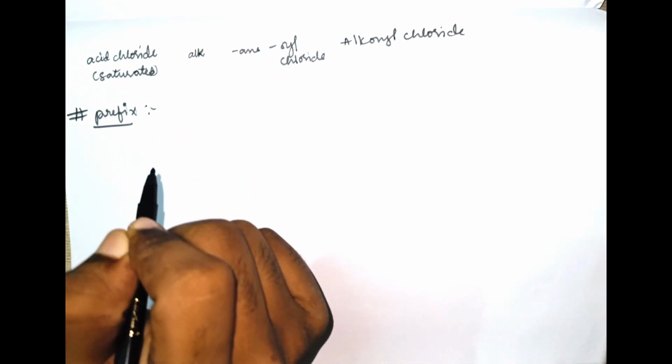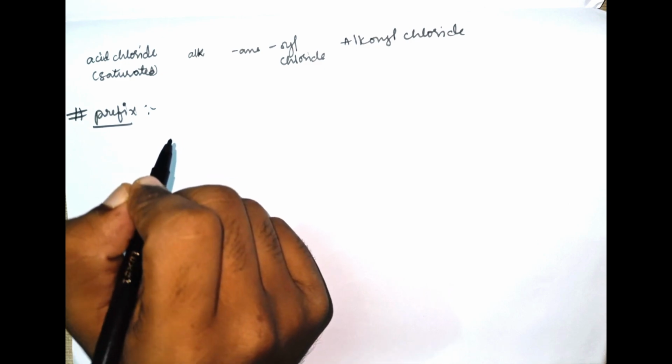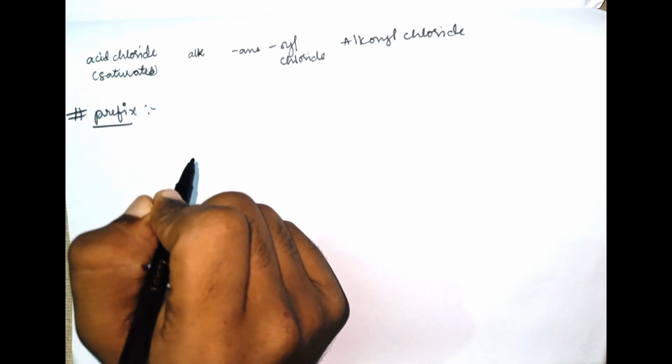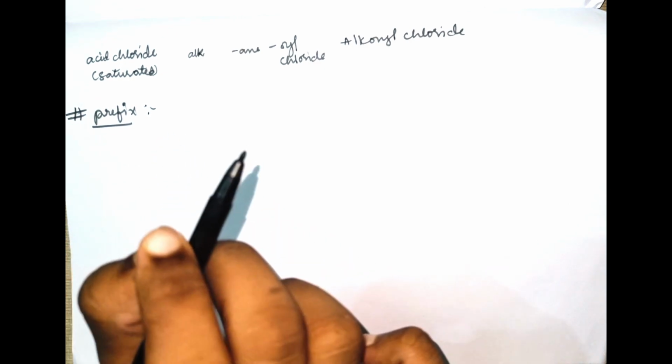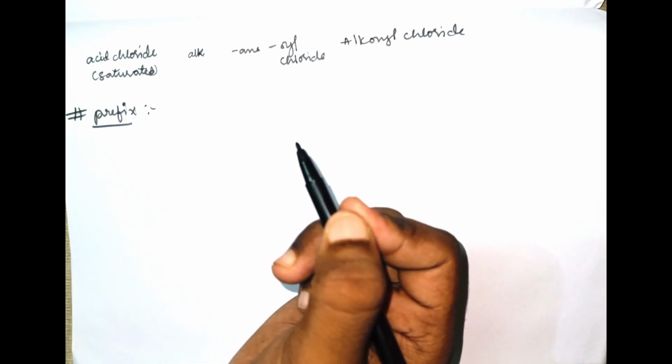These should always be kept in mind: alkyl groups forming branches of the parent chain are considered as side chains. This point must be noted. I will be repeating it once again.